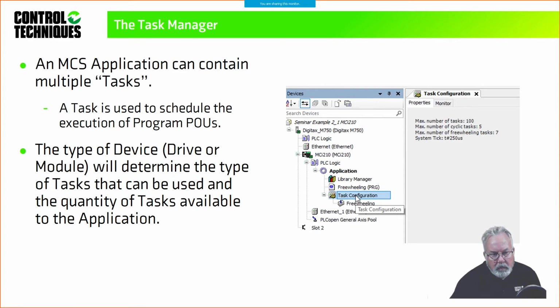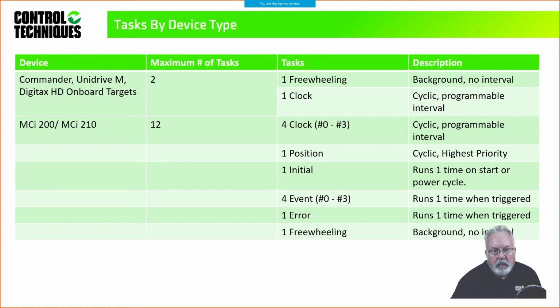And here's another big differentiator. If you're using the onboard target in our Commander, Unidrive M, Digitax HD drives, you are limited to 2 tasks. You can have one, what's called a freewheeling task, and one clock task.